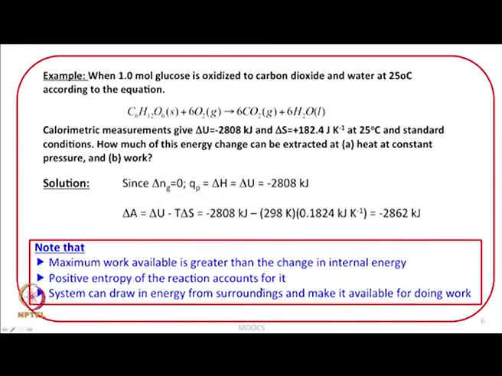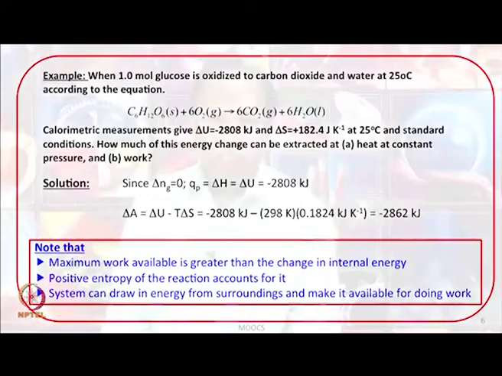As we just discussed, if delta S is positive, the system can draw in energy from surroundings in the form of heat, and that heat can add up to the work. So, the system can draw in energy from surroundings and make it available for doing work, and that is exactly what is seen in this numerical problem.